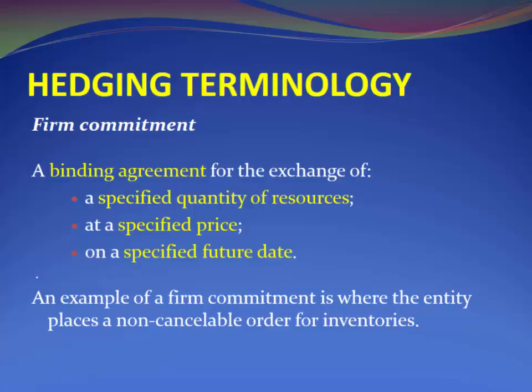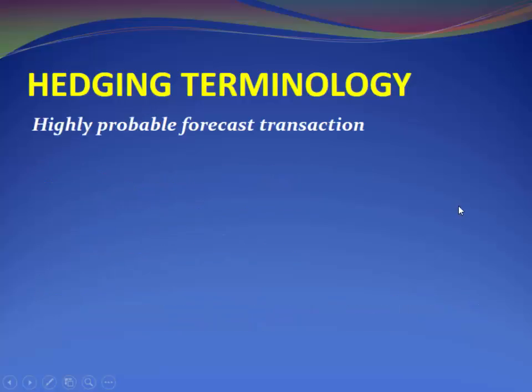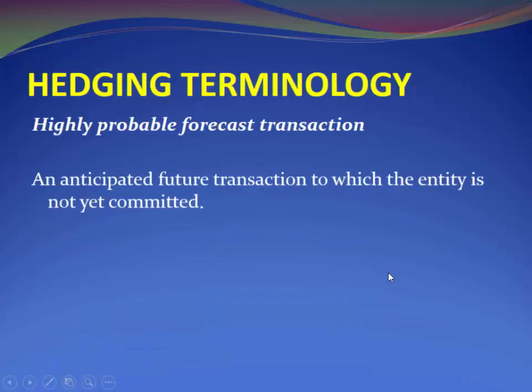Or another example could be where an entity wants to purchase a machine which will take time to complete. You sign the contract and it is non-cancelable, and when it is delivered, then you take, of course, the asset into consideration. What is a highly probable forecast transaction? An anticipated transaction to which the entity is not yet committed.